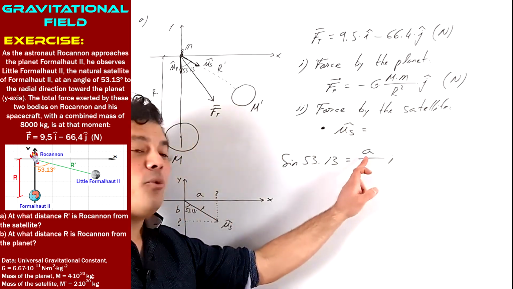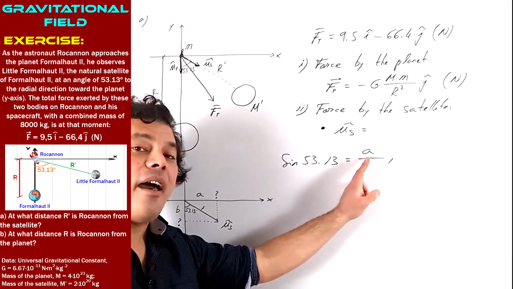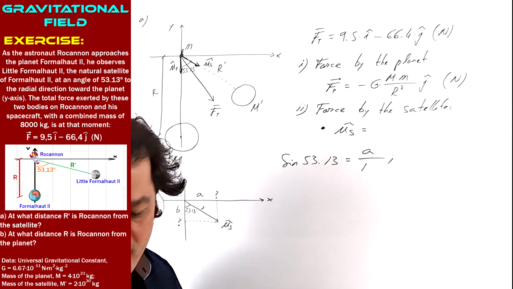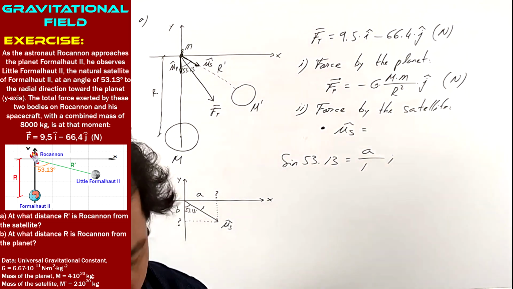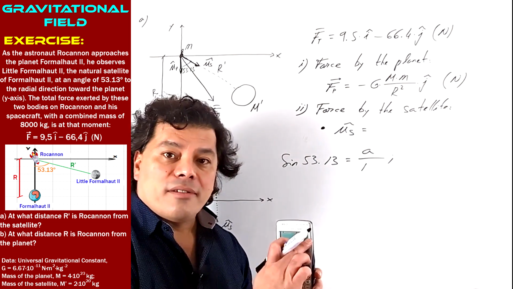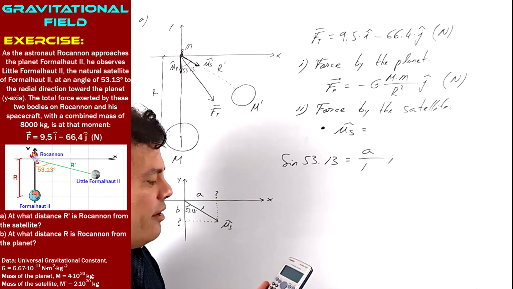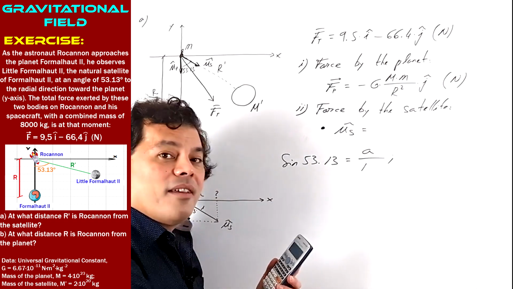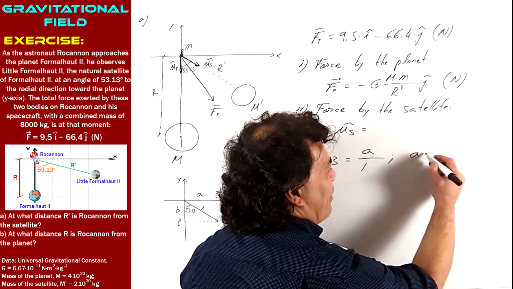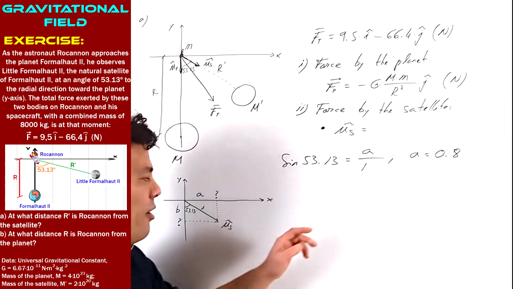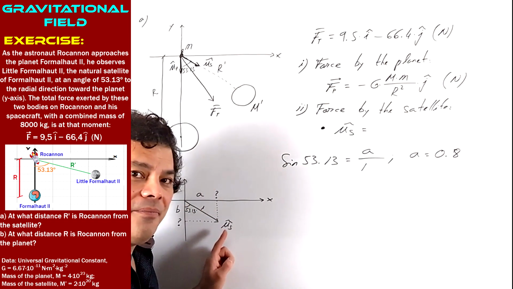And then we can solve it for A and we will have the first coordinate of our unit vector. We can do it together using the calculator. And please have it in degrees, not in radians. The sine of 53.13 equals 0.8. 0.8 is the first coordinate of our unit vector.